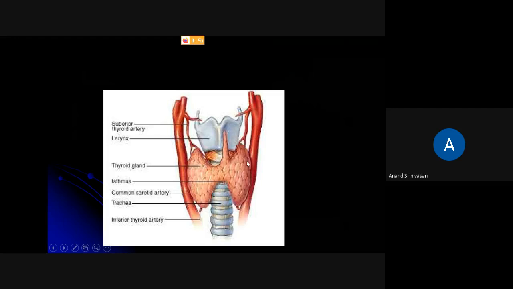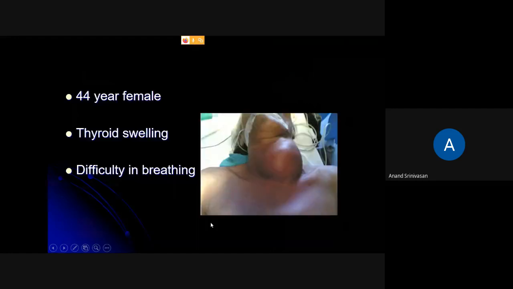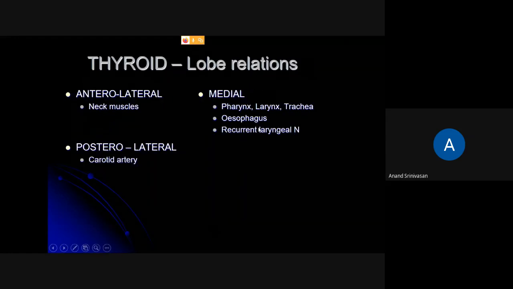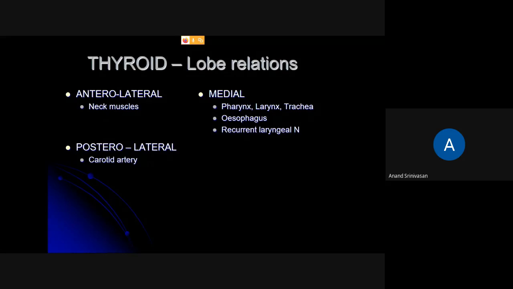Now medial to the lobes, there is the trachea, and behind the trachea there is the esophagus, and between the trachea and esophagus there is a very important nerve called the recurrent laryngeal nerve. Now what does this nerve do? It is responsible for the production of voice.